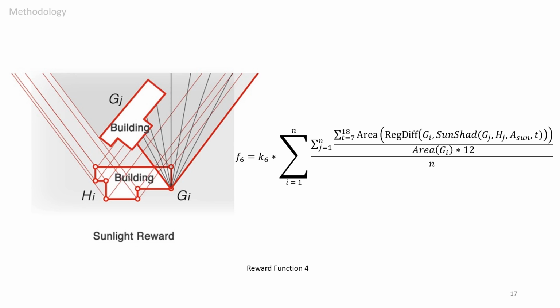Then, by calculating the percentage of the areas in the building which is not covered by shadow in each time period, the function will work properly to feedback a reward between 0 and 1, representing the overall condition of daylight.